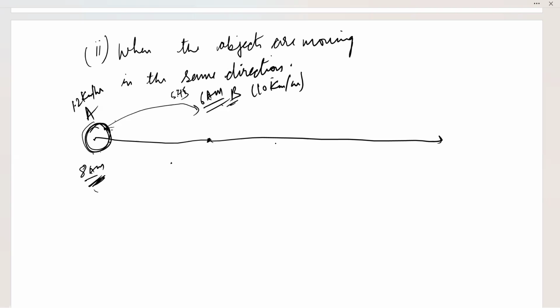B would have covered a good amount of distance, since B has left at 6. So from 6 to 8, this is 2 hours, and in 2 hours, B would have traveled 20 kilometers. Let's say this is point A, the house. B must have reached somewhere here.